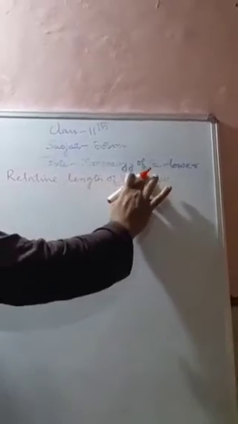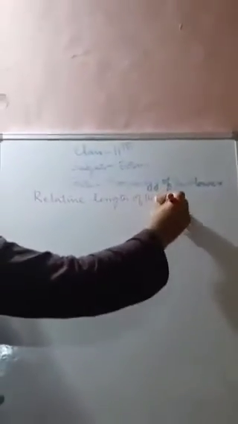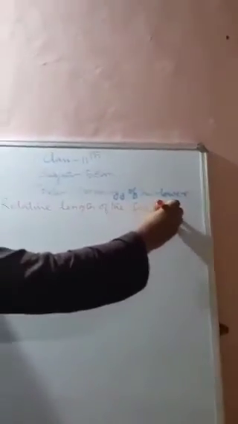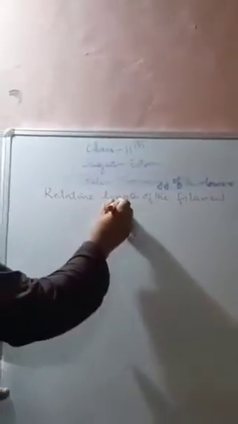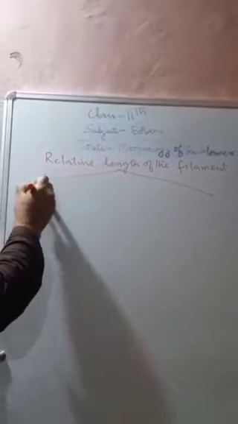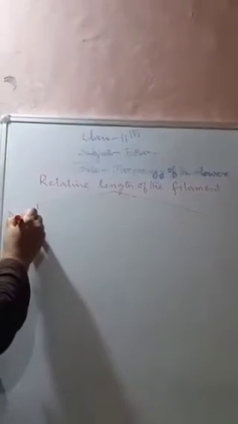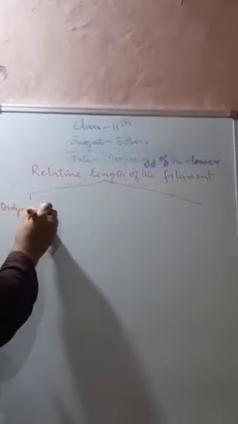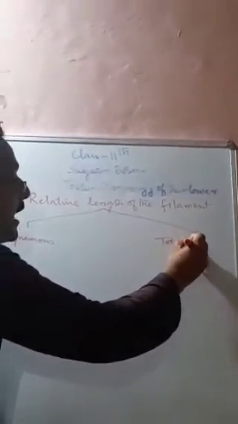On the relative length of the filament, we have two types of stamens. One is called didynamous, and the second one is called tetradynamous.